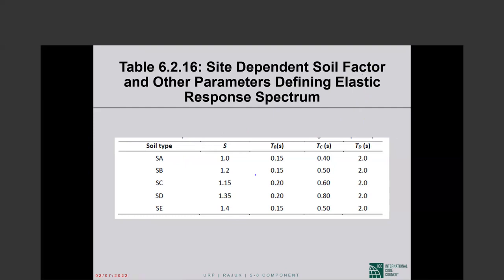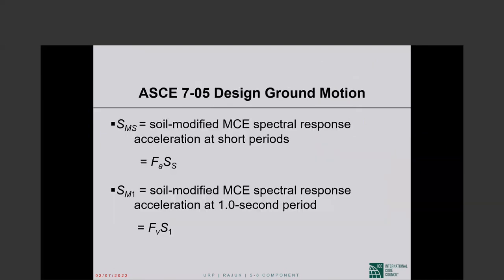So with this table, we should be in a good position to construct our spectrum. Now, going back to AC7, we find S sub S and S sub 1 for a particular location, let us say from the USGS website.